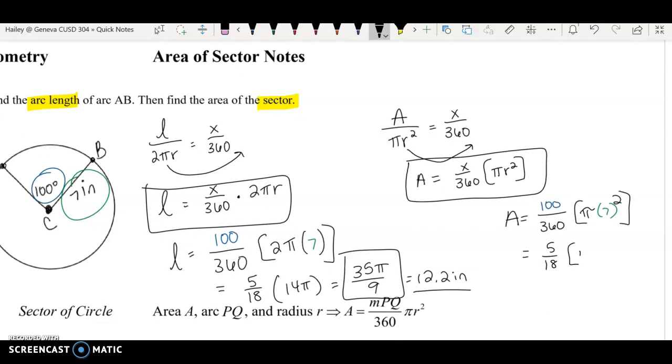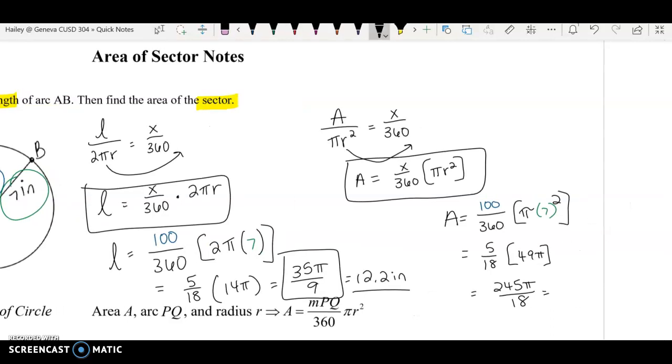But now this is times 49 pi. So now we have 5 divided by 18 times 49. As a fraction, we now get 245 pi over 18, which, if you multiply pi in, you would end up getting 42.8 inches squared.